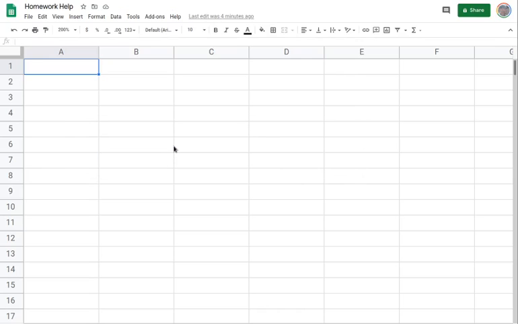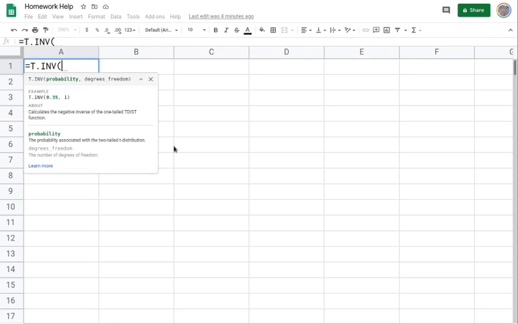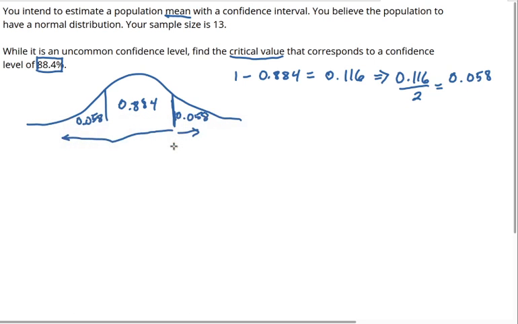So what I'm going to do is use the T.INV function, and the first thing it asks me is for the probability. What it's looking for is the probability to the left of our t-score. So one option is to add 0.884 plus 0.058, and that will be the area to the left of my critical value, and that's what we want.